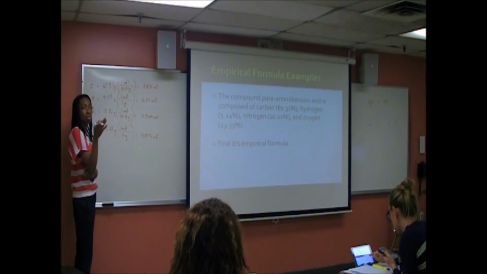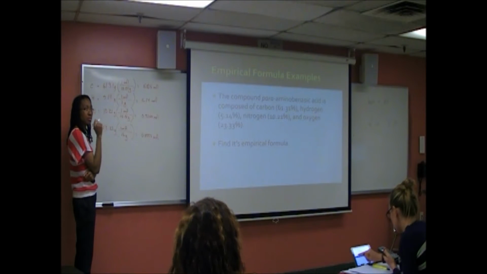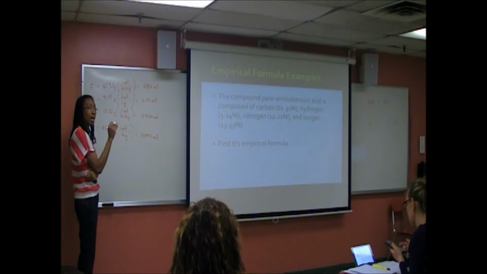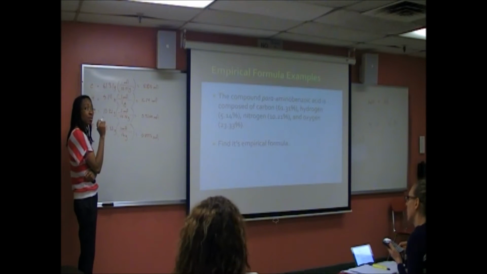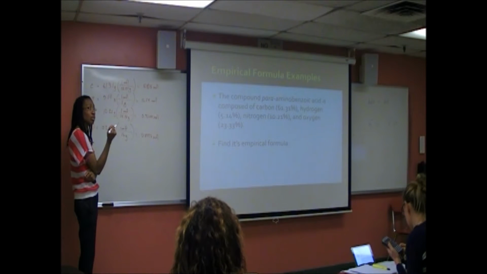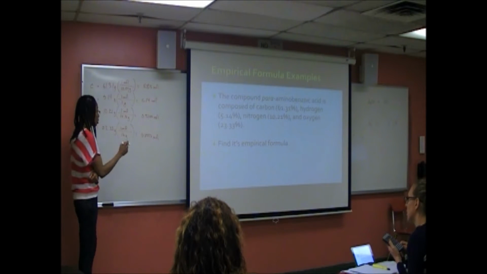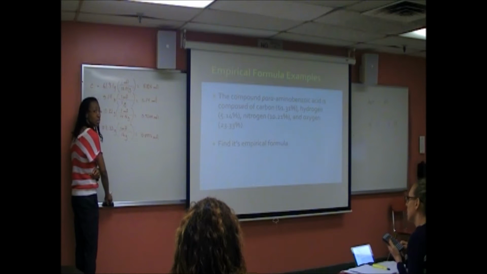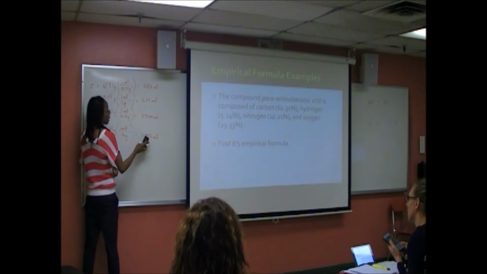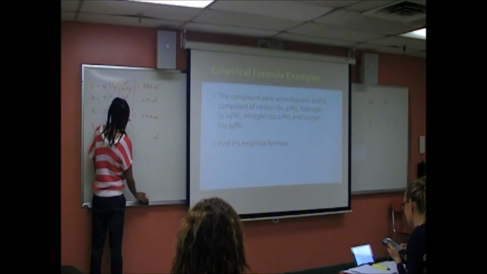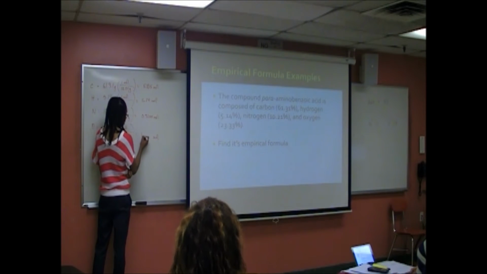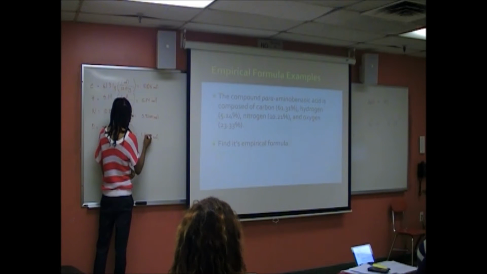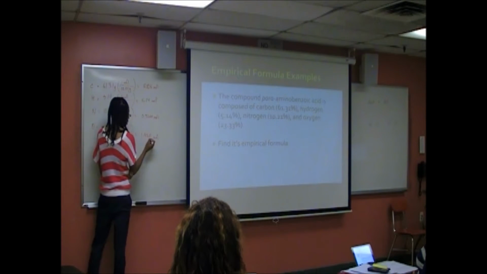Step 4. What do we do next? We now need to find our ratio. For oxygen, I got 1.458.